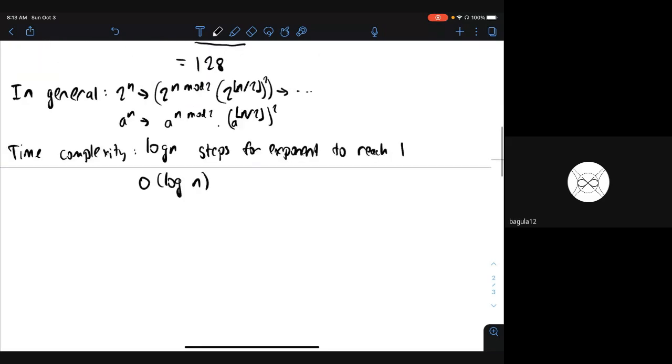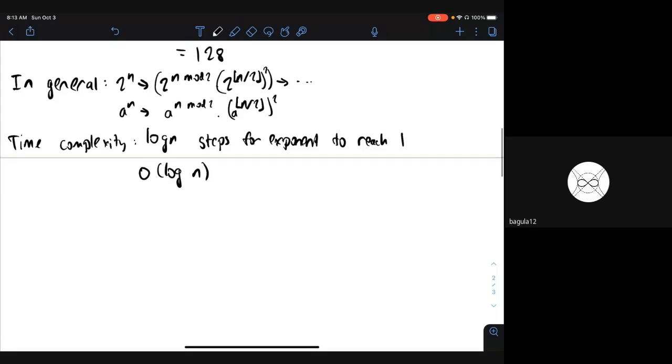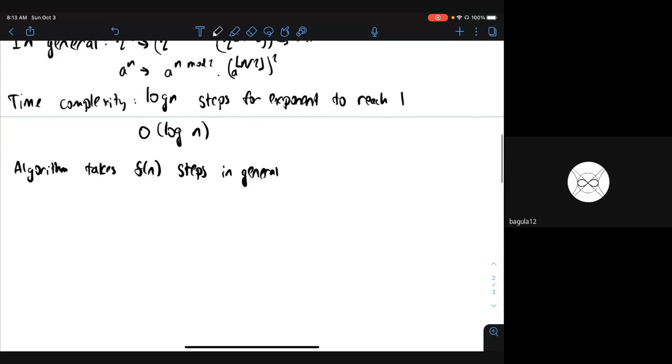This roughly means that if we say that the algorithm takes f of n steps in general, then O of log n implies that for some absolute constant c, we have f of n is less than or equal to c log n.